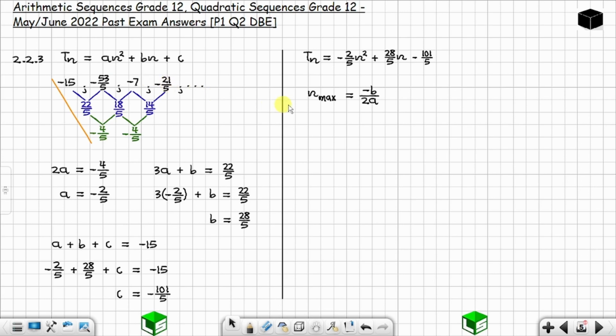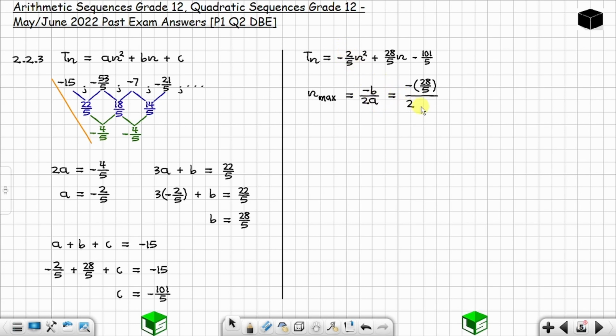Okay, let's get the n value which is going to give us the maximum value. What is your b? Your b is 28 over 5, your c is negative 101 over 5, and your a is negative 2 over 5. So you have negative 28 over 5 over 2a, 2 times your a.